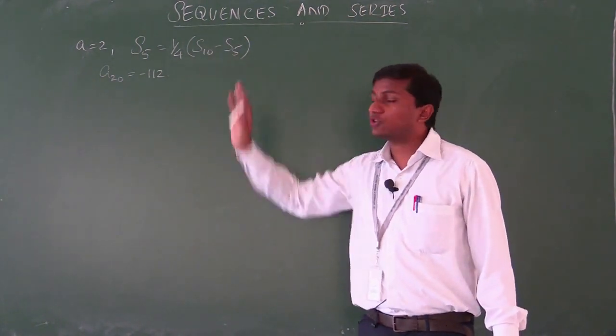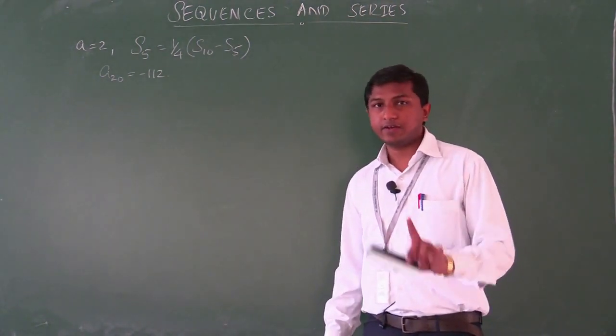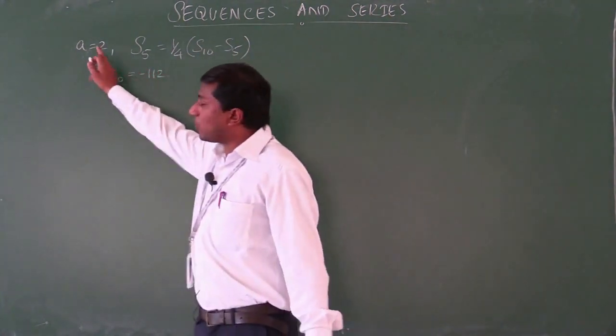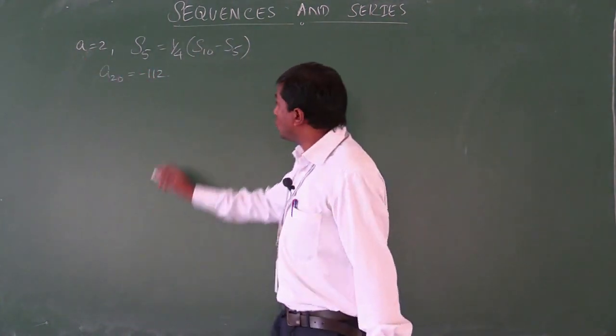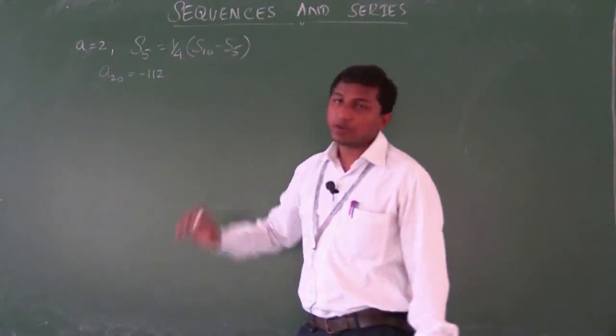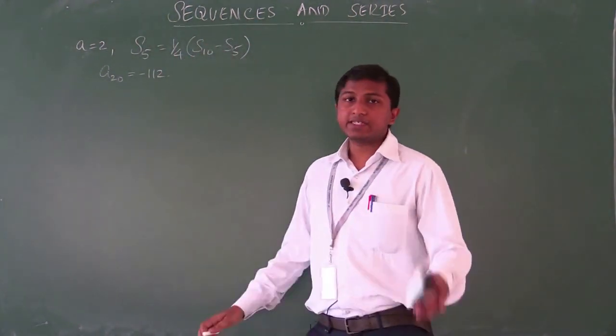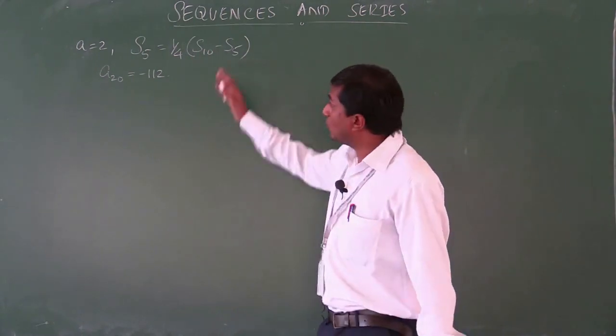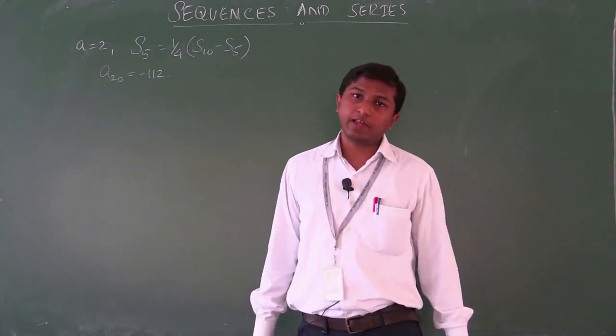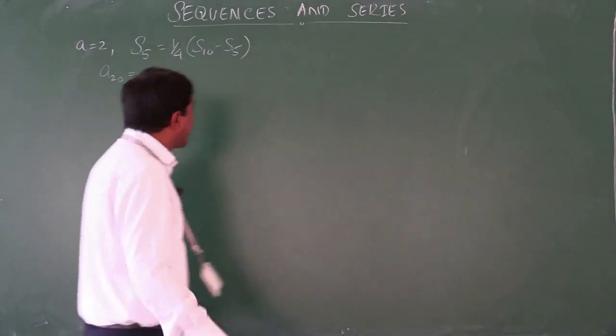We have to know the value of A and D. A value is already given in the problem. So using this information, S5 equals 1/4 into S10 minus S5, we will try to find out the value of D.